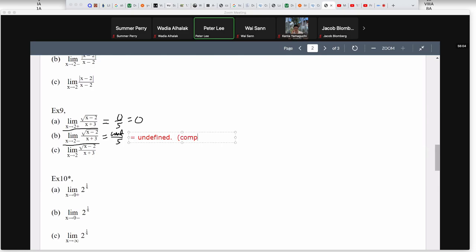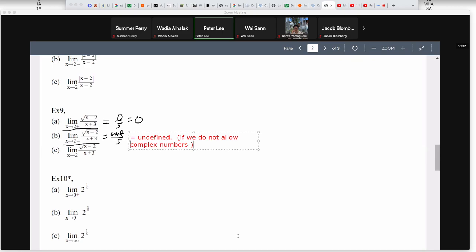Complex numbers are not allowed in this case if we do not allow complex numbers. What happens if you allow complex numbers? Then this could actually be 0. But for now, in this class, we're not going to deal with complex numbers, so we'll just say that this one is undefined.